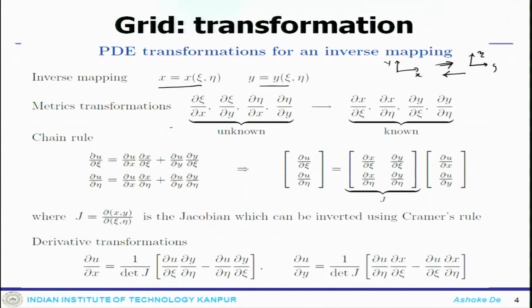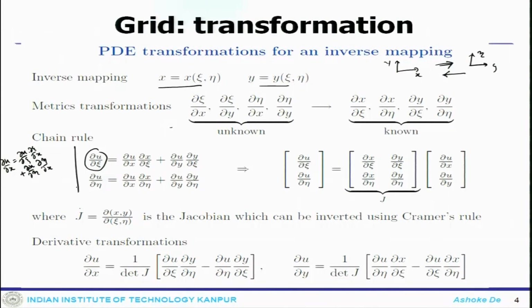For example, if I want to find del u by del xi, that will be del u by del x times del x by del xi, plus del u by del y times del y by del xi, similarly del u by del eta. It is just a reverse calculation. Previously what we tried to find out was del u by del x, which was del u by del xi times del xi by del x plus del u by del eta times del eta by del x.